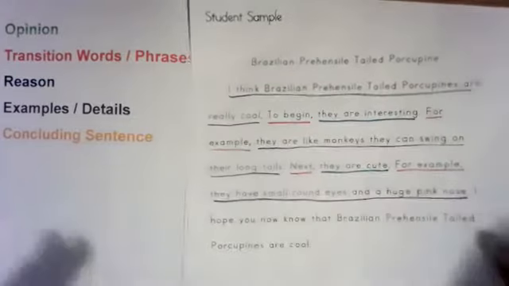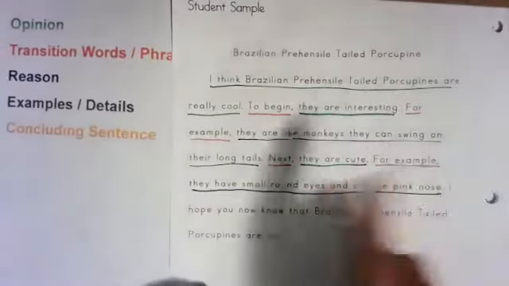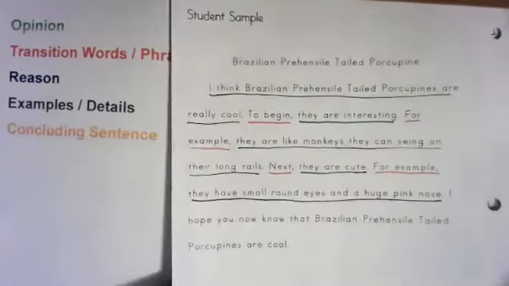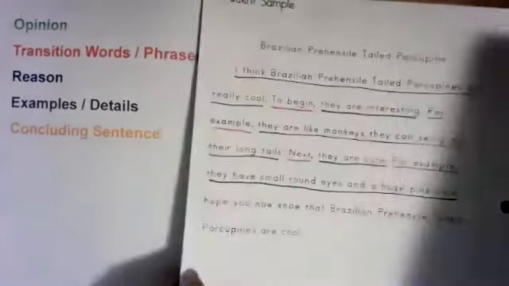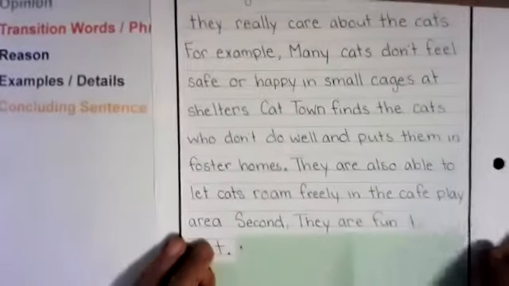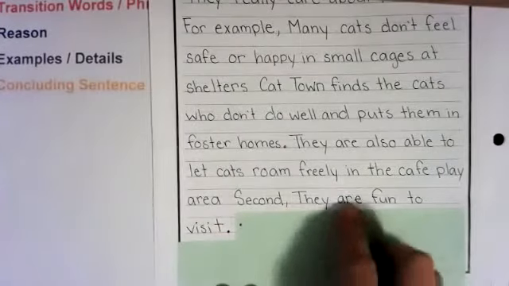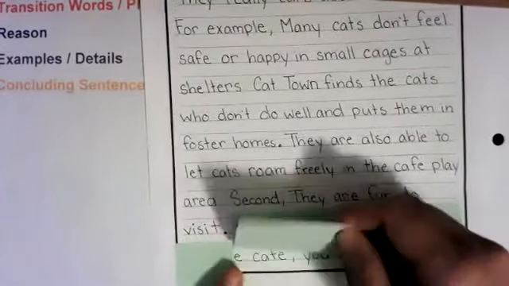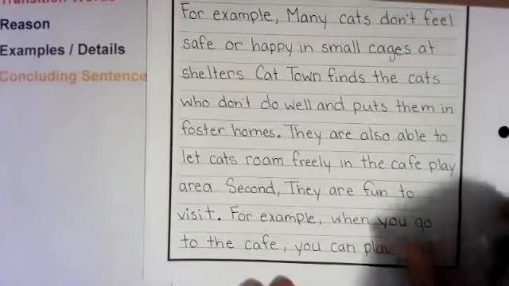So now let's make sure I did that for mine. I'm going to look for a transition word, and then I'm going to look for an example. And I remember mine was an example of how they're fun to visit, or details on how they're fun to visit. I'll read this again. Second, they are fun to visit. For example, oh, there's my transition word. When you go to the cafe, you can play with, and I'm just turning my page over. I wrote it on the back.